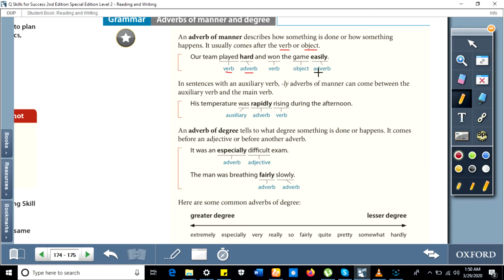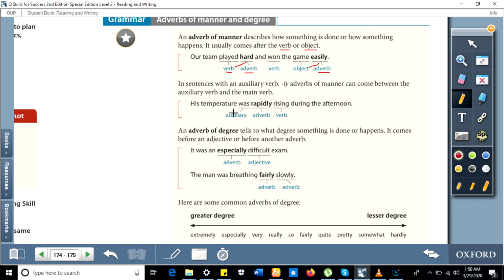Easily is an adverb describing the verb, meaning that's how they won. They played very hard like this, right? And they won the game easily. So this is how it was done. That's why they are called adverbs of manner.